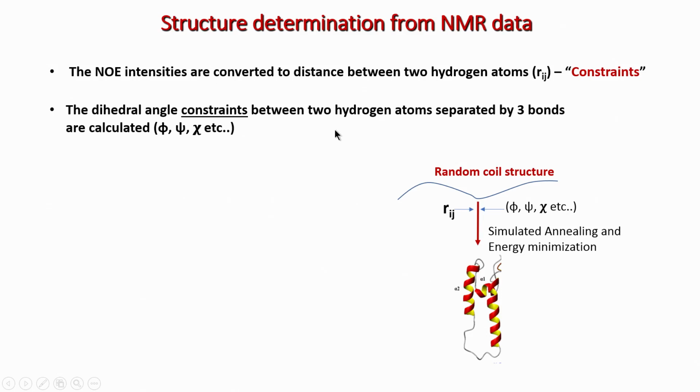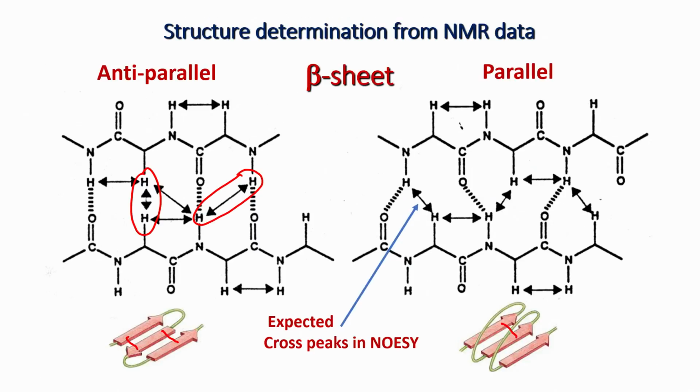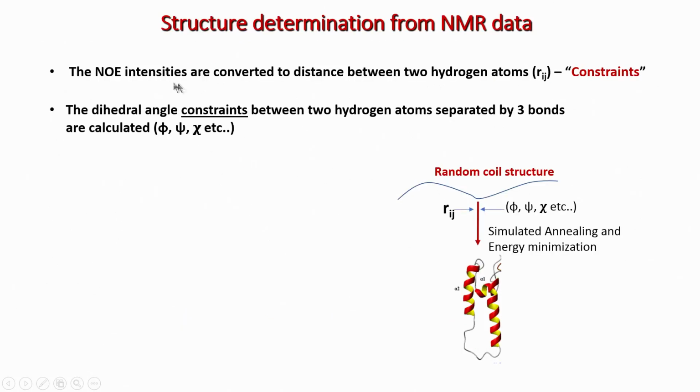Now coming to how we solve the final 3 dimensional structure of a protein. What we do is we take all this distance information, remember we are getting the distance from the intensity of the cross peak between the 2 atoms. So, all of these NOE intensities are converted to distances between the 2 corresponding hydrogen atoms.